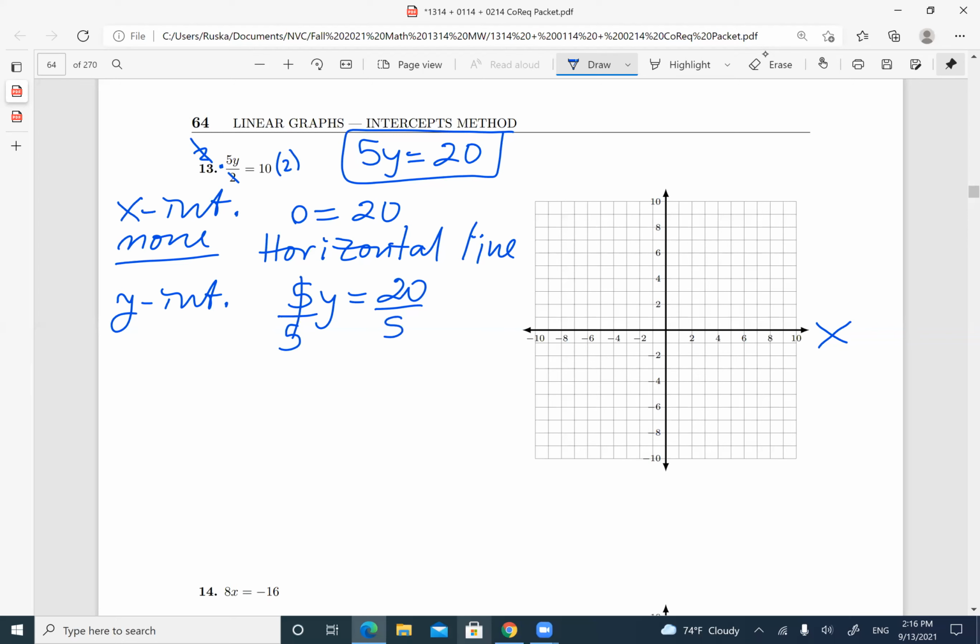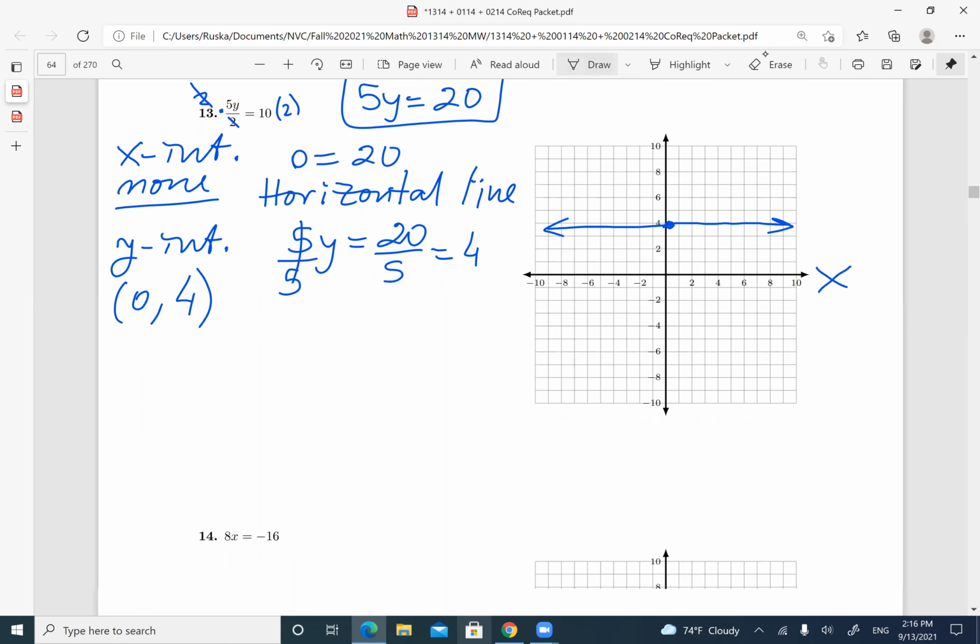And the y-intercept is going to be at 4. And the point is going to be 0, 4. So I'm going to go to the y-axis at 4. And I'm going to draw a horizontal line there. Okay, so that's my graph. So when it's horizontal, you need only one point. Okay. And this is the same with vertical.